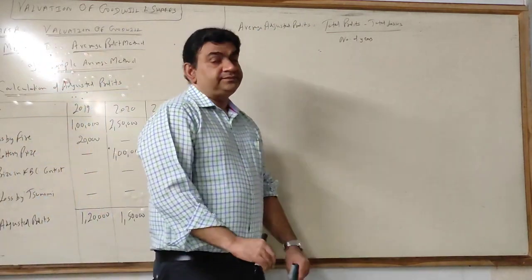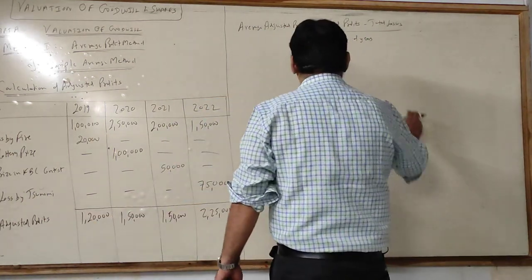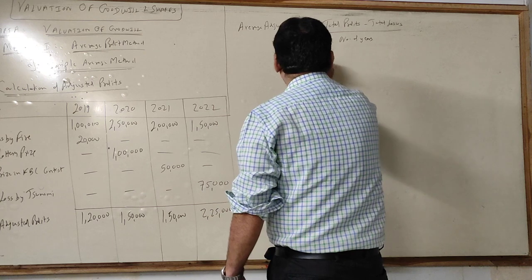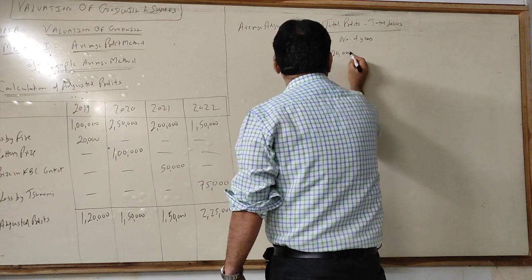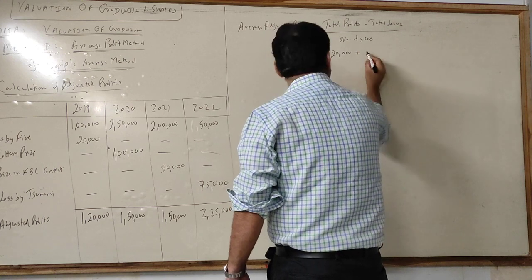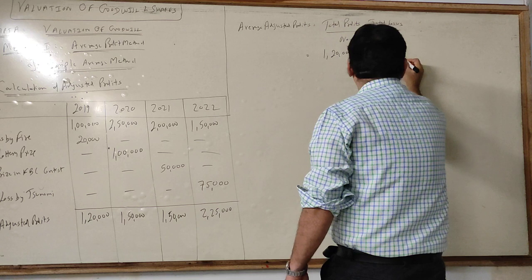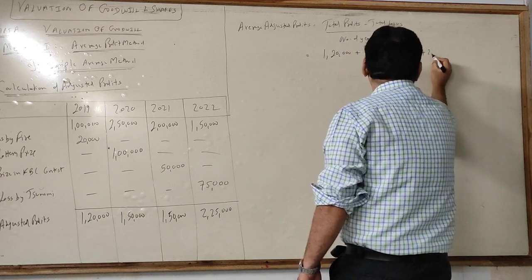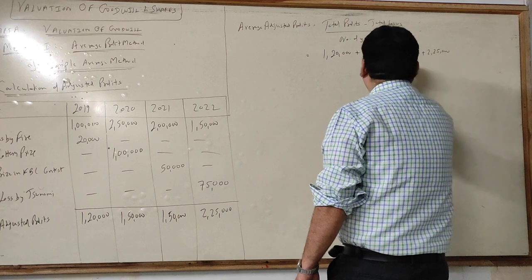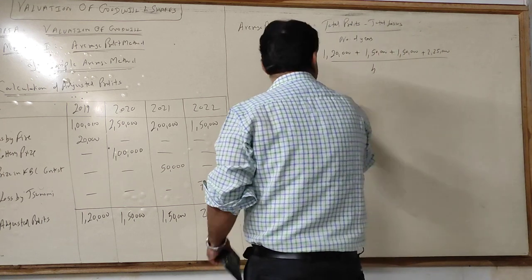Now see, all the 4 answers are positive. That means profit. Okay. So add all 4 of them. So 120 plus 150 plus 150 plus 225, and the number of years there are 4, so divided by 4.